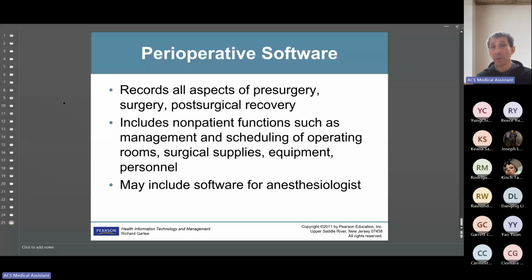Now, that works for inpatients and outpatients, because you can have an outpatient procedure. You have a colonoscopy, you don't have to be admitted. But you need someone else to bring you home because we're going to give you some type of local anesthesia. You might be at risk. So there are certain procedures that you need to take care of after the surgical procedure.